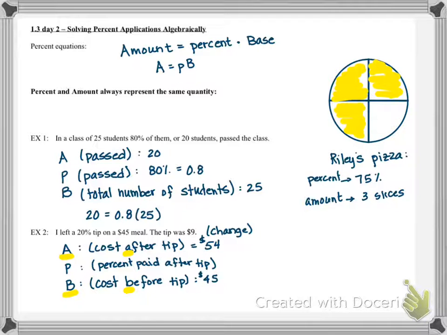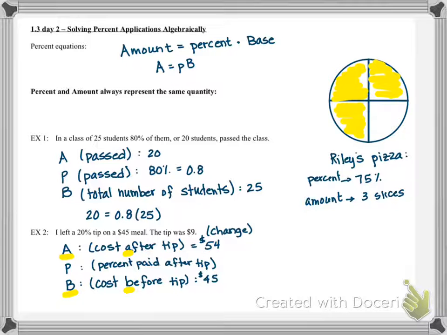So if you go out to eat and your dinner bill is $100, do you pay $20? How much do you pay? $120, right? You have to pay for the meal, and then on top of that, you're paying the tip.